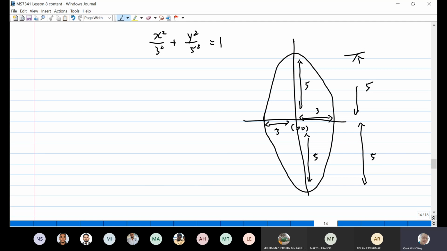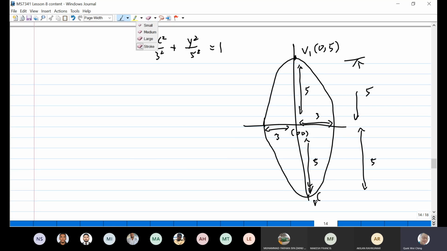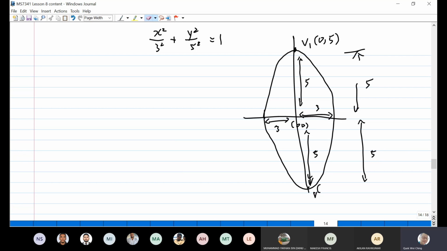If you know that, then what is the vertex here? Let's say V1. V1 is x equal 0, y equal 5 at this point. And then V2 here is 0, minus 5. Okay, vertices V1 and V2.